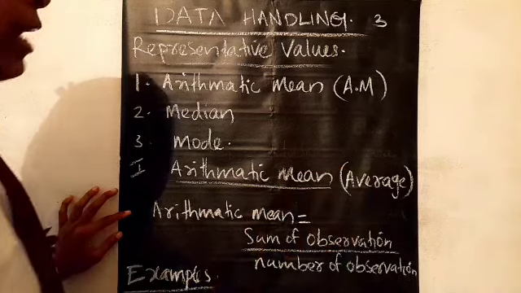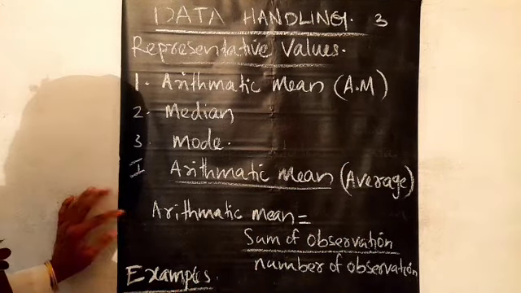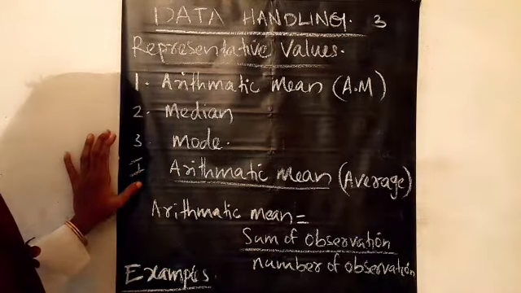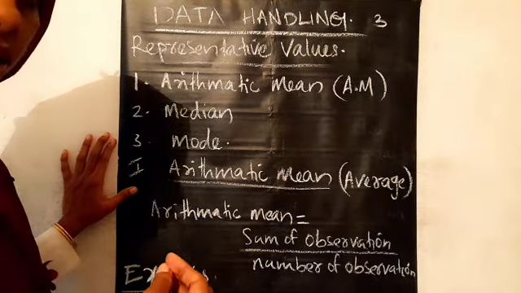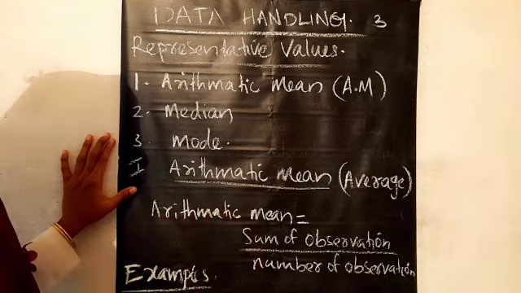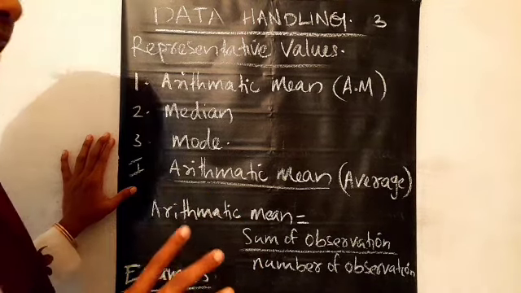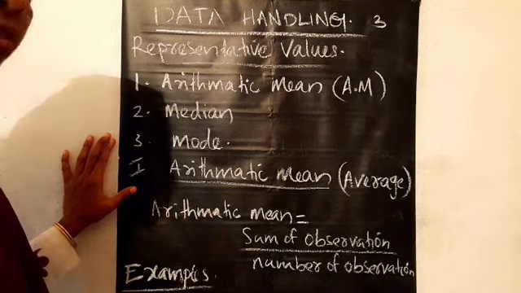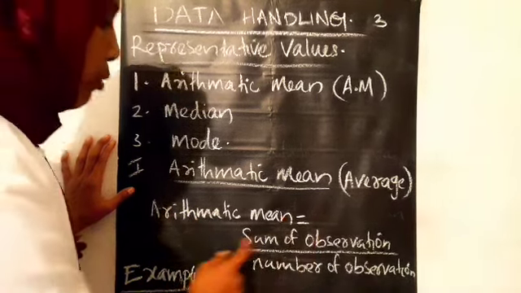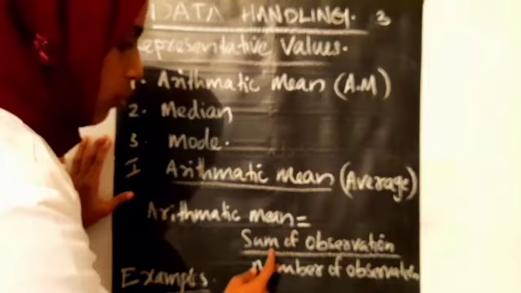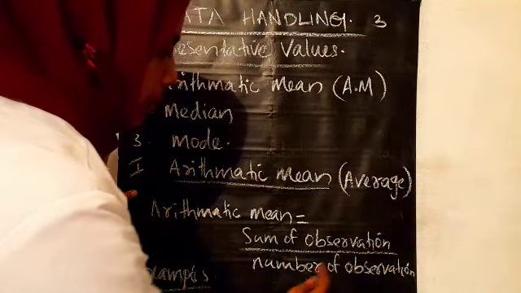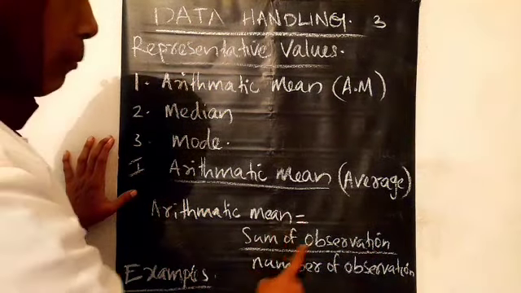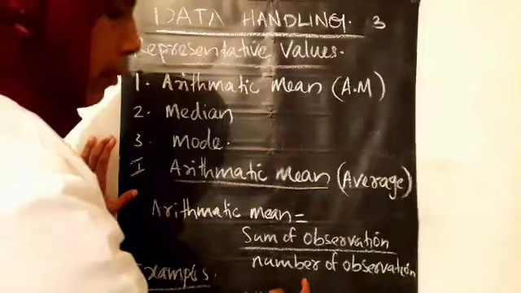Students, what is meant by arithmetic mean? Just listen very carefully. If we get some numbers, or some marks based on our class, or our school, or our subject, anything, we have to find the arithmetic mean. To find the arithmetic mean, we use the equation: arithmetic mean equals sum of observations divided by number of observations.